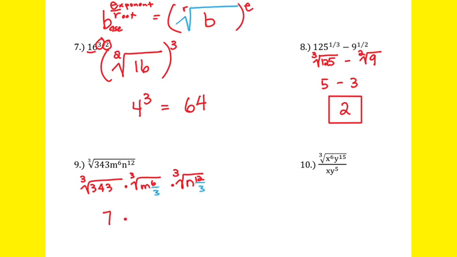On the others that are in exponential value, this kind of special division bar literally means to divide. So 6 divided by 3 is 2, and 12 divided by 3 is 4. And we get 7m squared and n to the 4th.